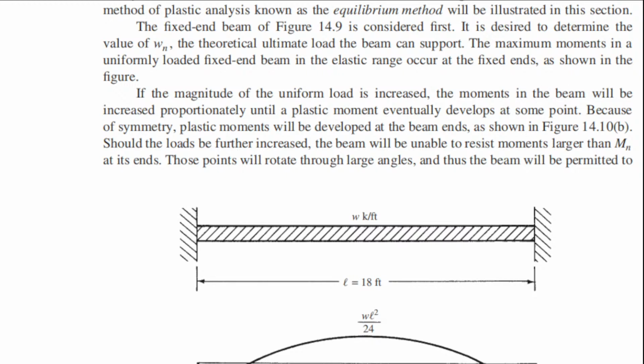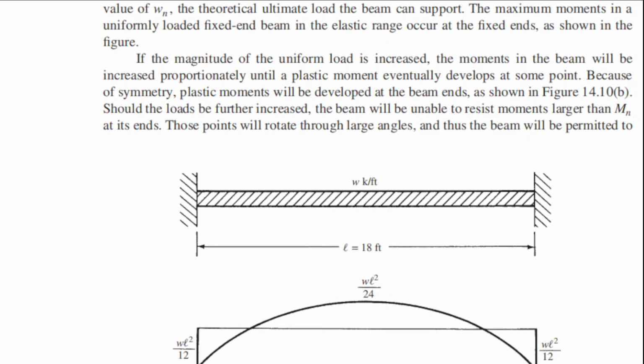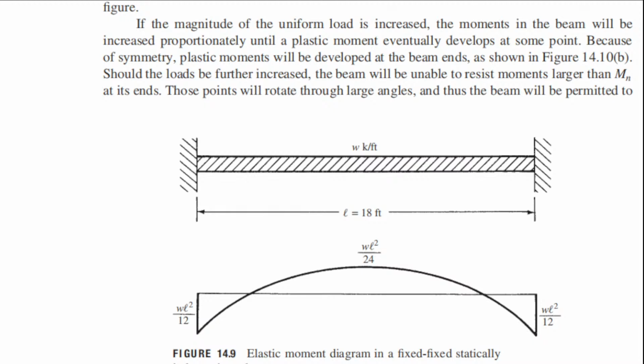If the uniform load is increased, the moments in the beam will be increased proportionately until a plastic moment eventually develops. Increasing this w, you have to continuously increase the w.